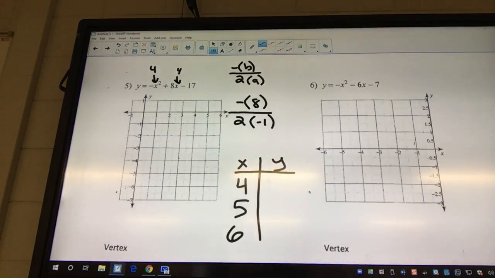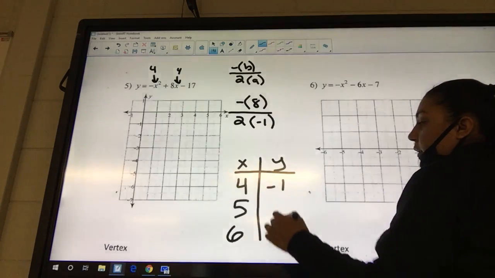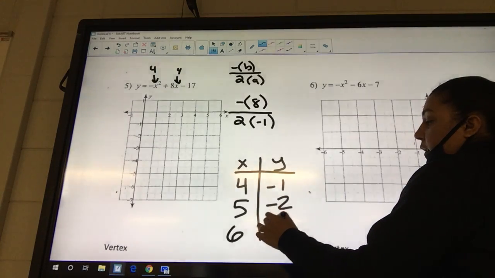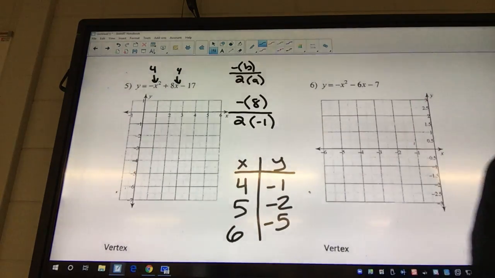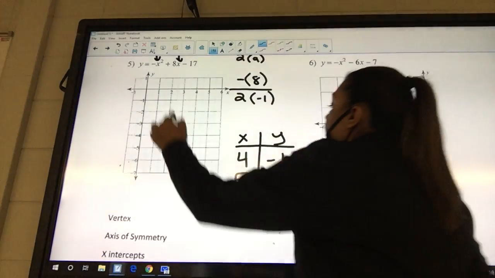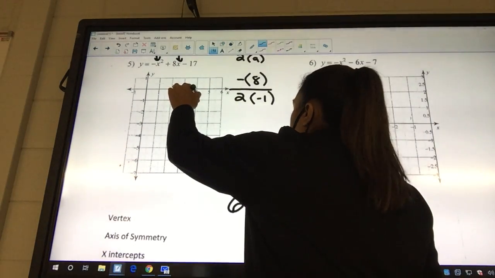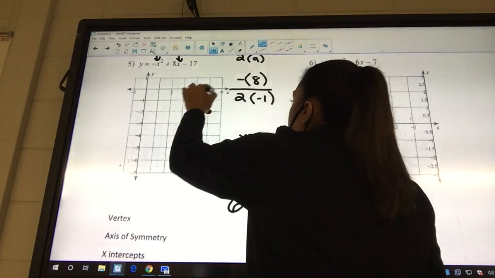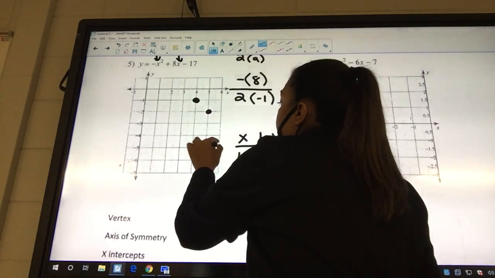Okay, what'd you get for 4? Negative 1. For 5, negative 2. For 6, negative 5. Okay, and so we got 4, negative 1, 5, negative 2, 6, negative 5.